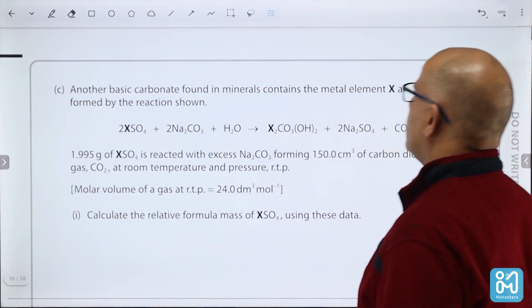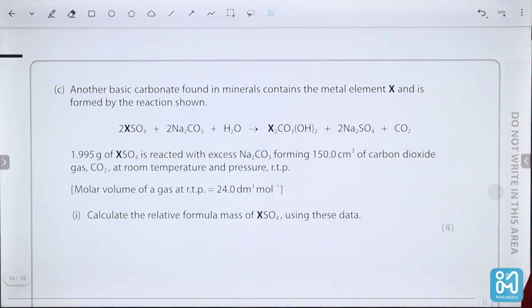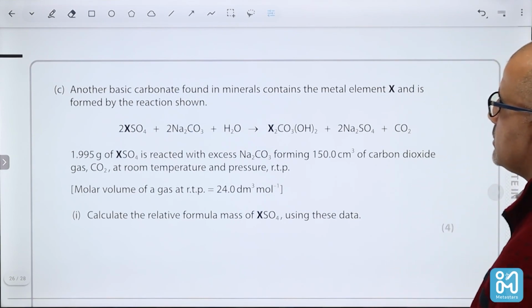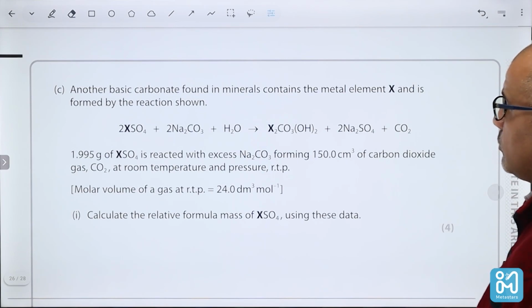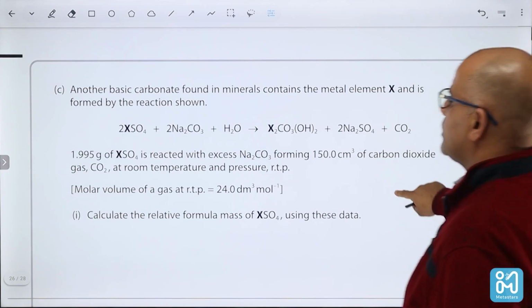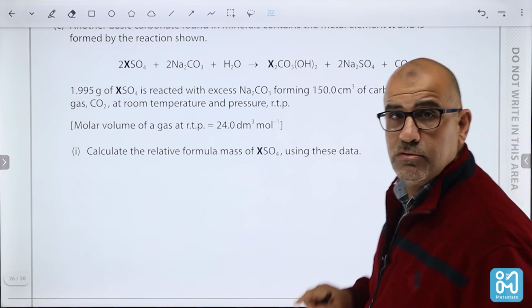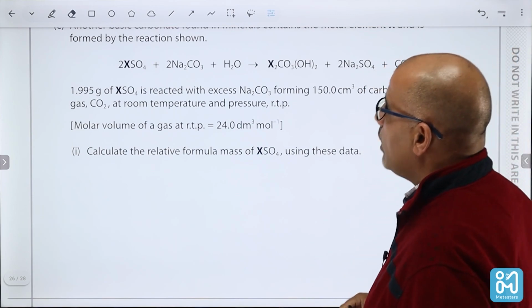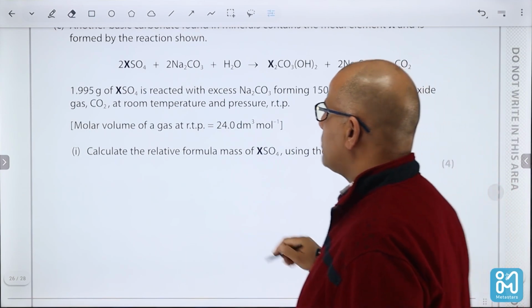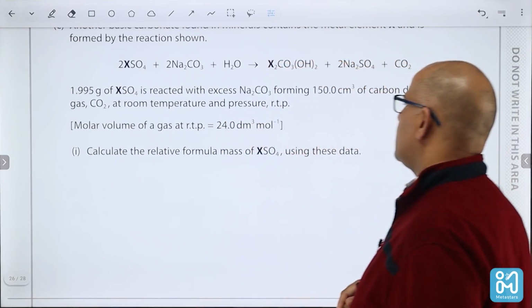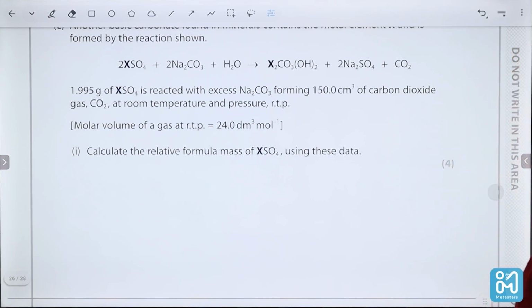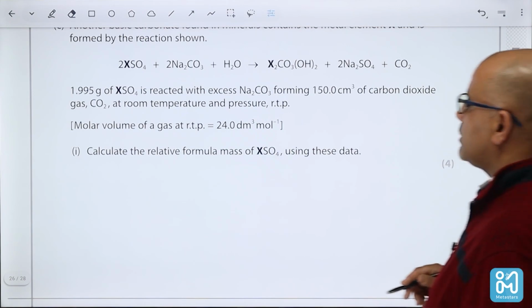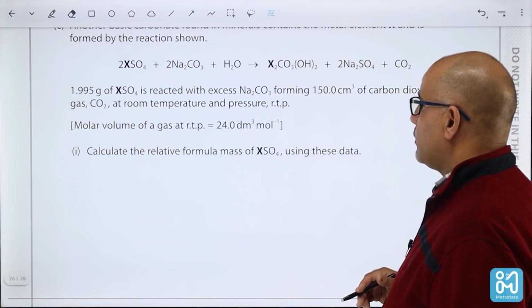Another basic carbonate found in minerals contains the metal element X, and it's formed by the reaction shown: 2XSO4 plus 4Na2CO3 plus H2O gives X2CO3 plus 2Na2... 199.5 grams was reacted with excess Na2CO3, forming 150 cubic centimeters of carbon dioxide at room temperature and pressure. Calculate the relative formula mass of this.